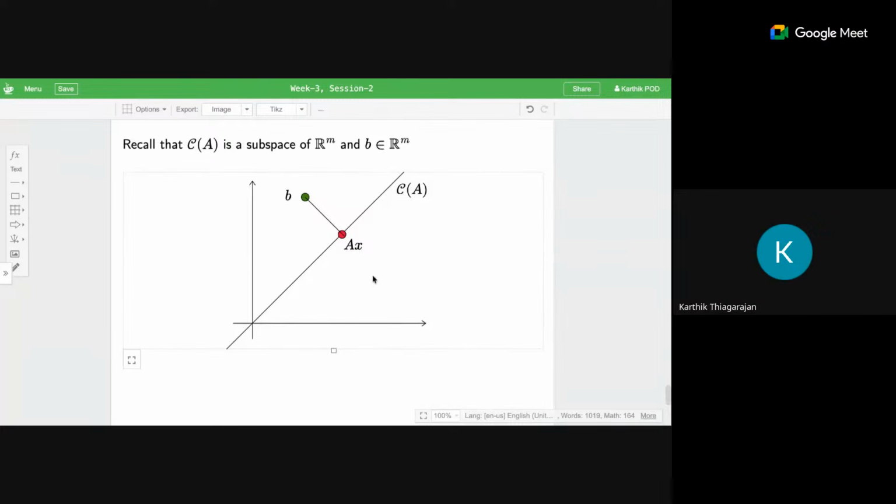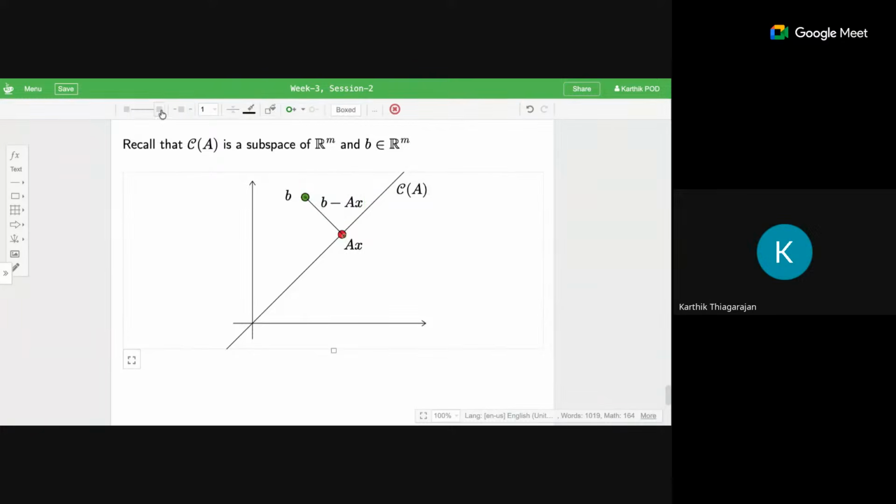Once again, remember in week 2 we studied b minus Ax. If you take the difference between two vectors, it starts from Ax and ends at b. So this is actually b minus Ax.